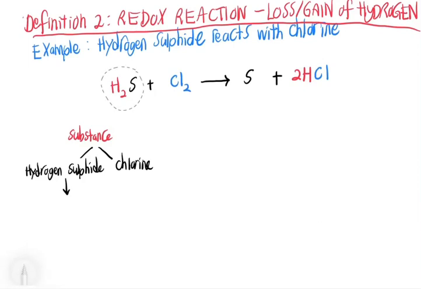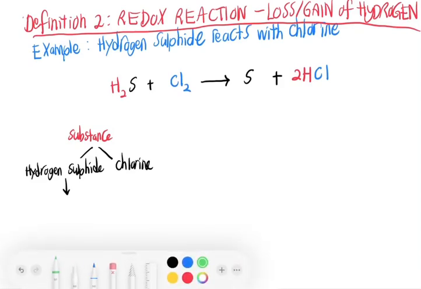Hydrogen sulfide at the beginning of the reaction becomes sulfur, so hydrogen sulfide loses its hydrogen. Chlorine becomes hydrogen chloride, so chlorine gains hydrogen to become hydrogen chloride.